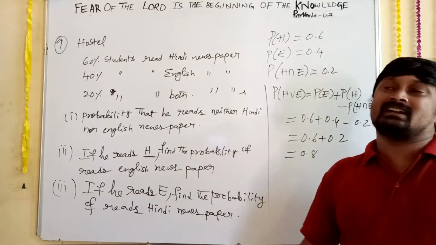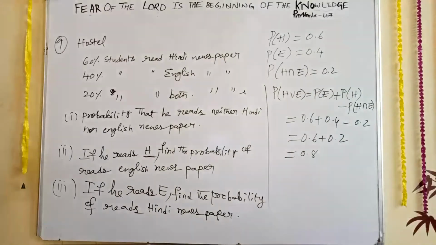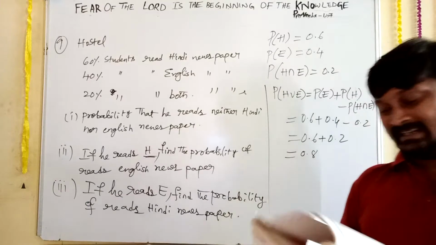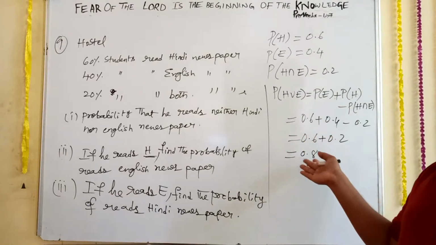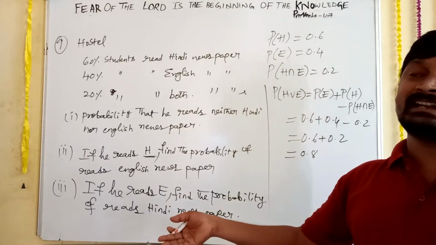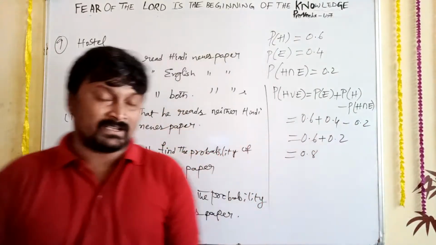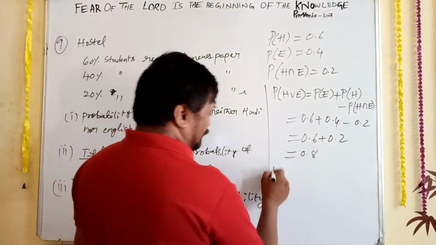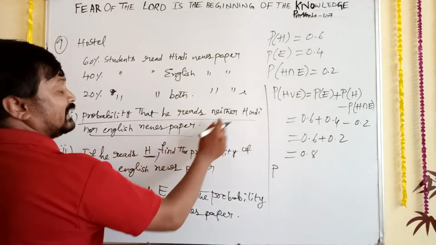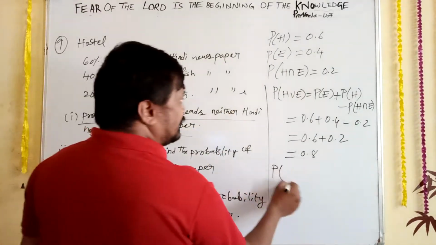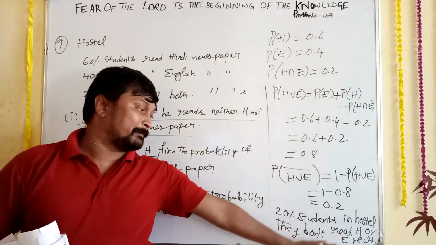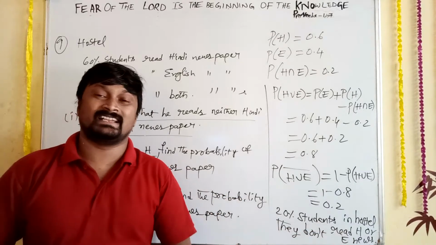And how many are not going to read? Definitely it is 0.2. Directly it indicates that P of H union E is 0.8, and not reading should be 100%, remove this 0.8. You are going to get what they asked here: the probability that he reads neither Hindi nor English newspaper. No paper will be read by these 20% people.